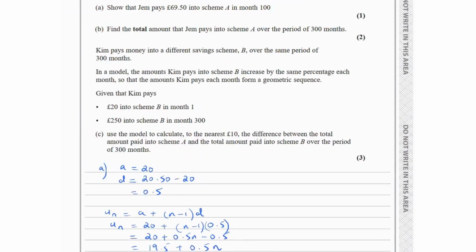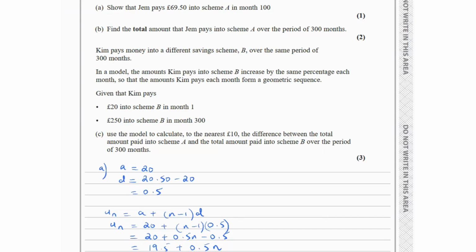Then it's saying Kim pays money into a different savings scheme B over the same period of 300 months. In a model, the amounts Kim pays into scheme B increase by the same percentage each month so that the amount Kim pays each month forms a geometric sequence. So for Jem, it was an arithmetic sequence, and for Kim, it's a geometric sequence.